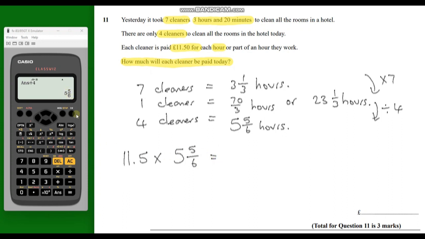So we've already got the 5 5/6. So we just need to multiply by 11.5. And that gives us this fraction here, but that doesn't really mean anything. So I think if we convert it to a decimal, that will be more meaningful. So that's going to be £67. And we're going to have to round this to 8 pence. So £67 and 8 pence.